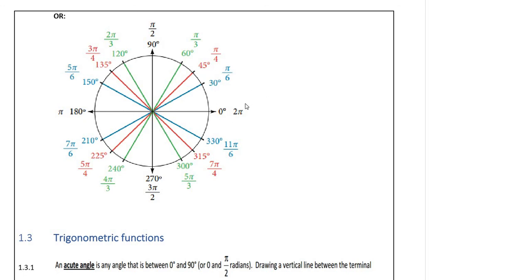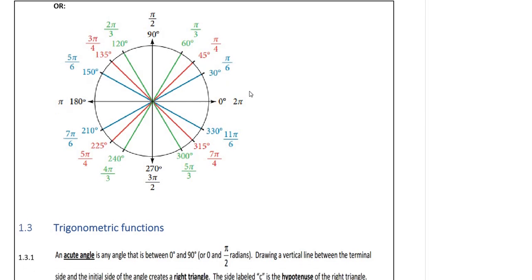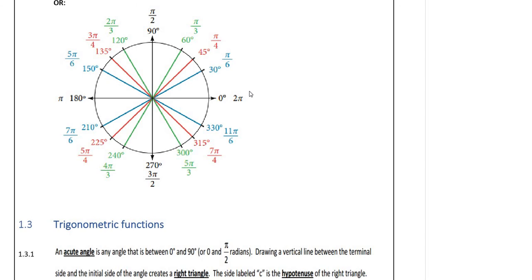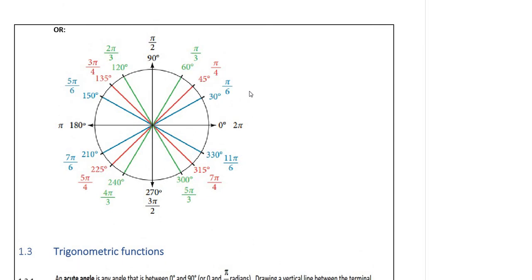You can make a copy of that, cut it out, and put it on a little page that you can keep in your books, as a quick reference for 30 as pi over 6, 45 as pi over 4. Of course you can convert, but it's good if you can be very quick in your conversion. Okay, so this is all about the radian measurement.